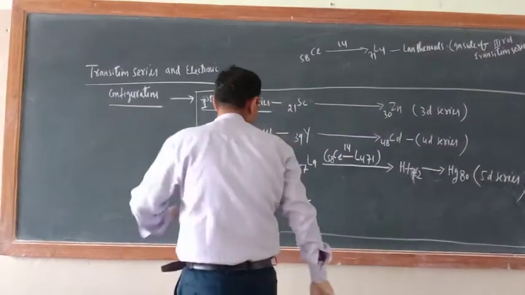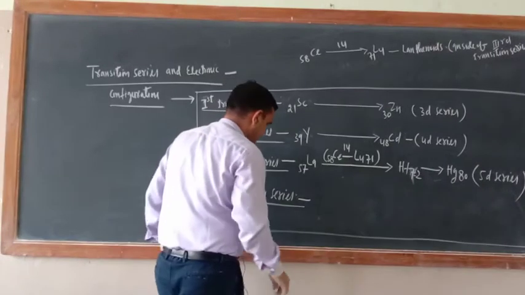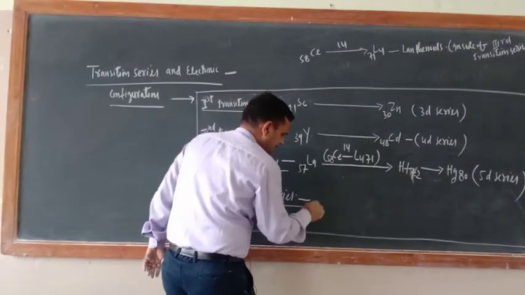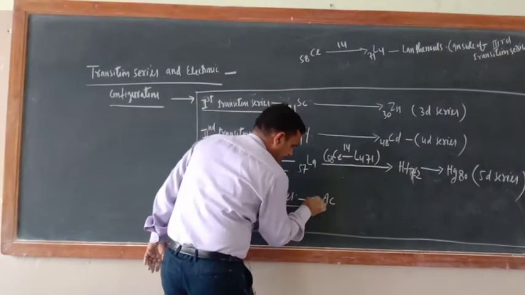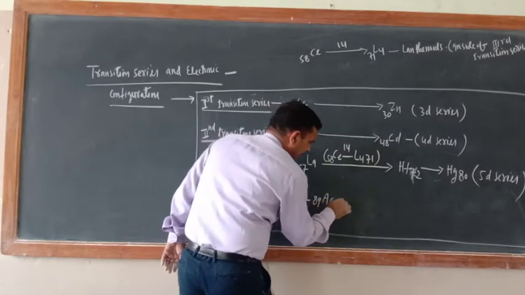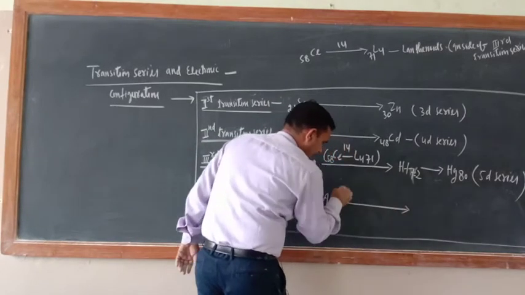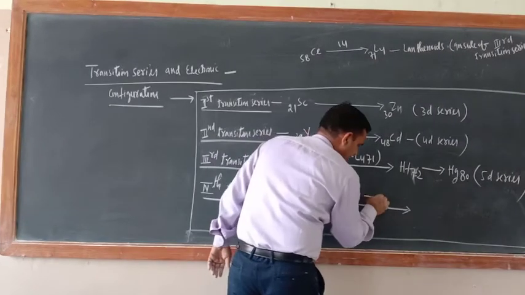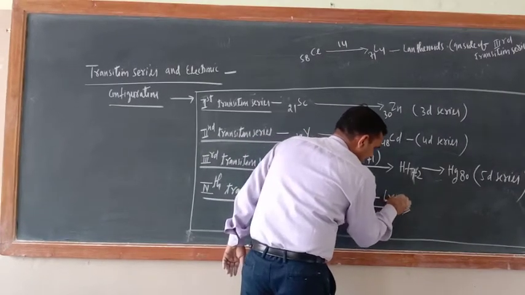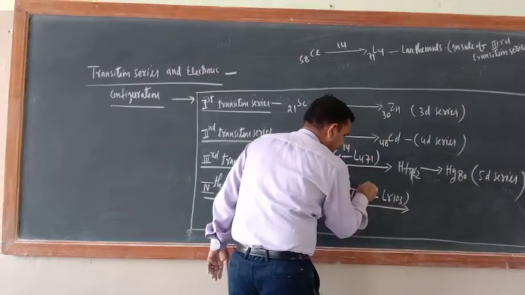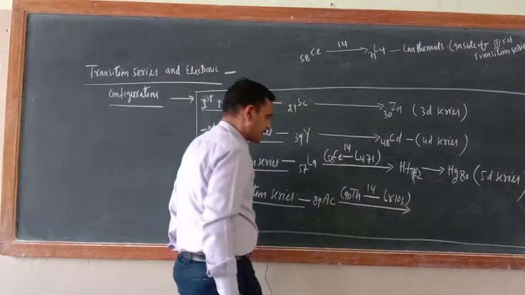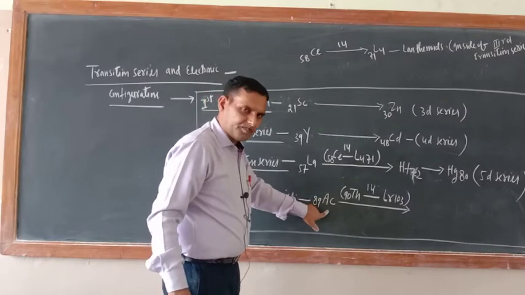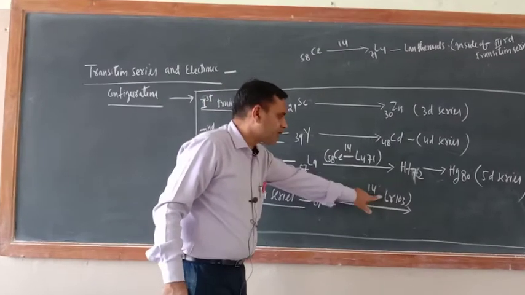Now the fourth transition element series. The fourth transition series starts from actinium 89. And there is a gap, just see, from thorium 90 to lawrencium 103. Again there is a gap of 14 elements.